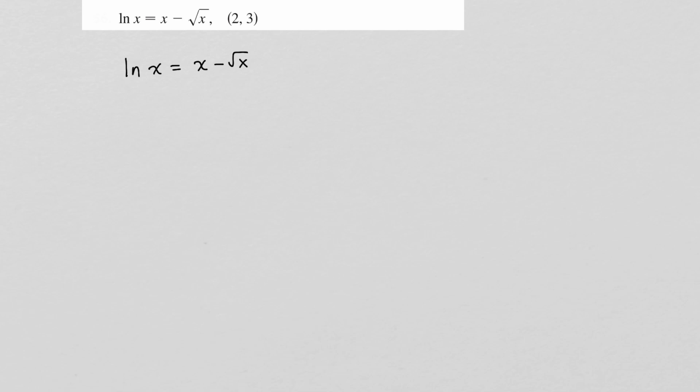If I move these terms to the left side, this equation becomes the natural log of x minus x plus the square root of x is equal to 0. Now, let's say that f(x) is this function.